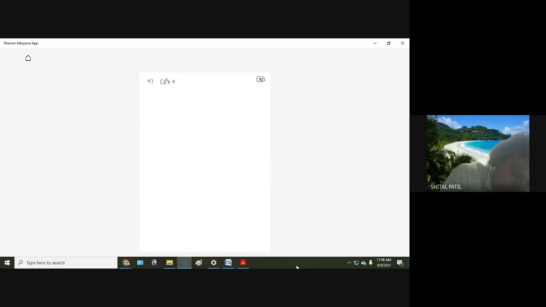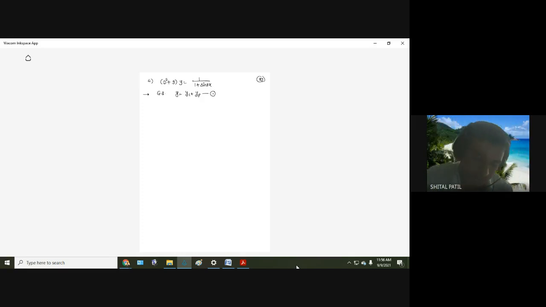D square plus 9y, right, y equal to y of c plus y of p. Solve some part and the remaining part will be homework for you. So keep patience for next some time.